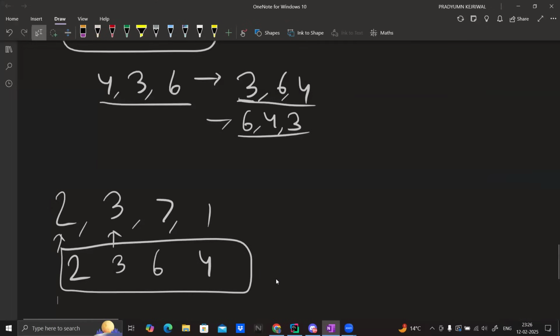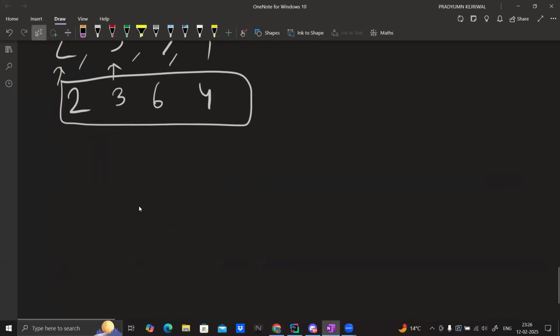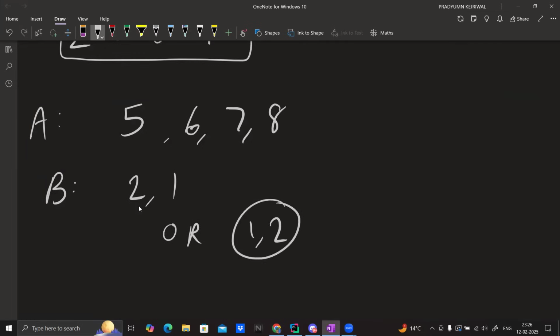Now actually these samples are pretty weak, so I'll show you another test case that I have made, sort of. So let's say we have A as 5, 6, 7, and 8, and B we have 2, 1. Okay. So in this case, what we can do, we can either replace with 2, 1 or 1, 2, right?